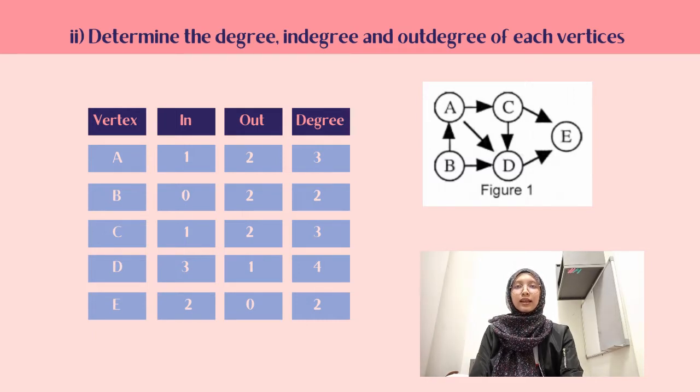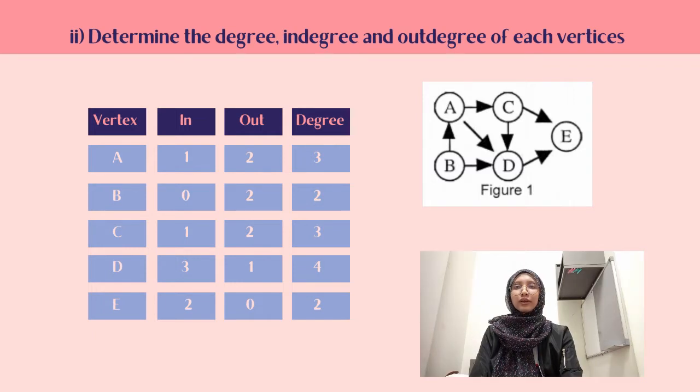C is the same as A, so we put 1. For D, it receives 3 from other vertices, so we put 3. And lastly, we put 2 for vertex E.